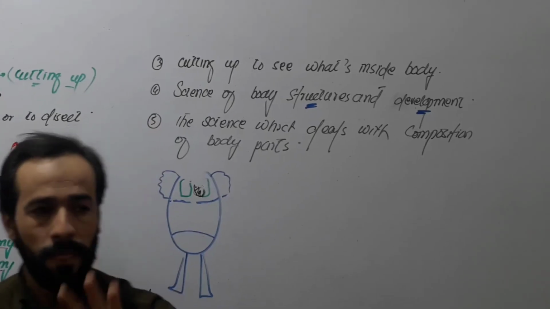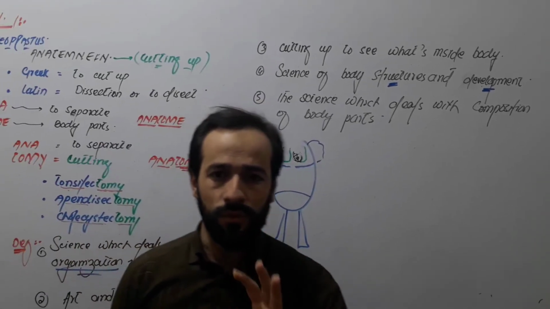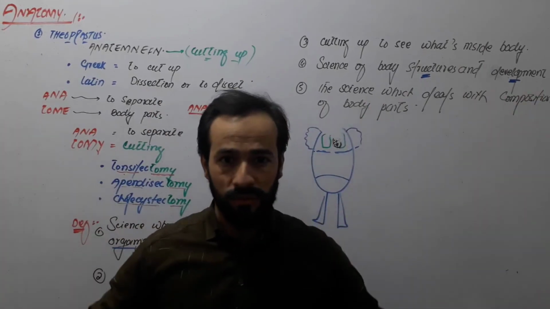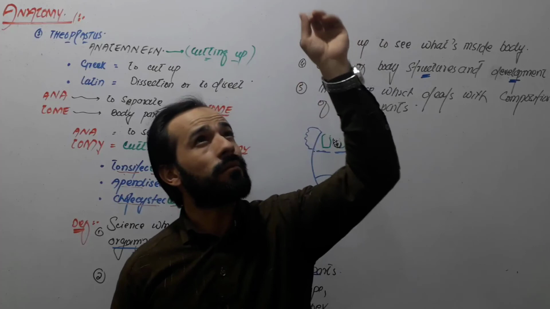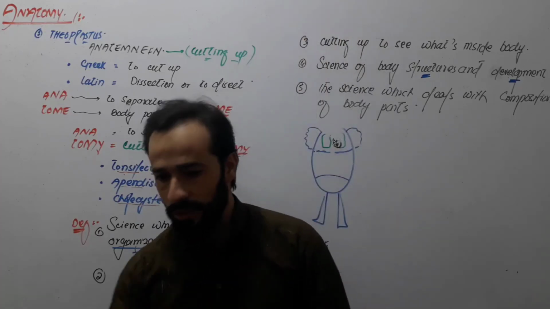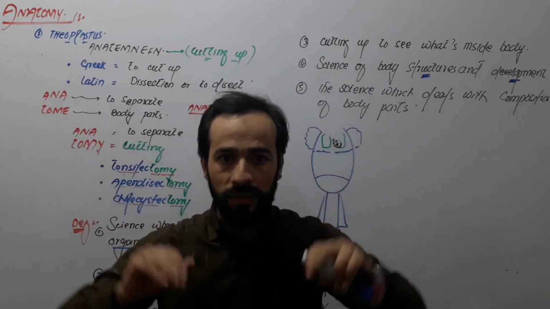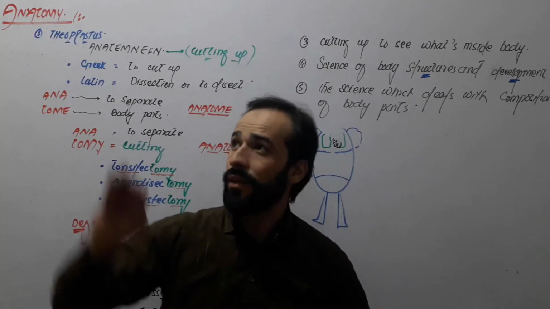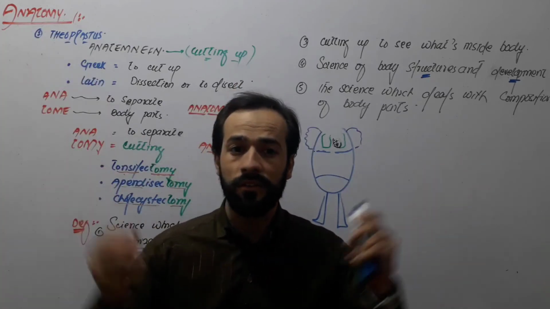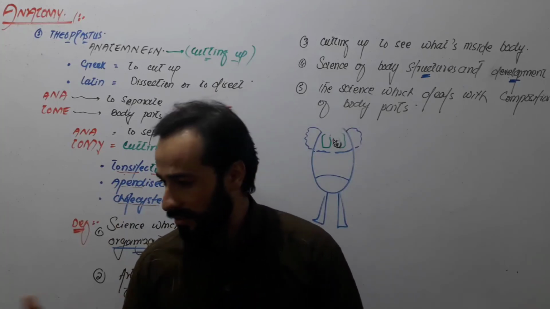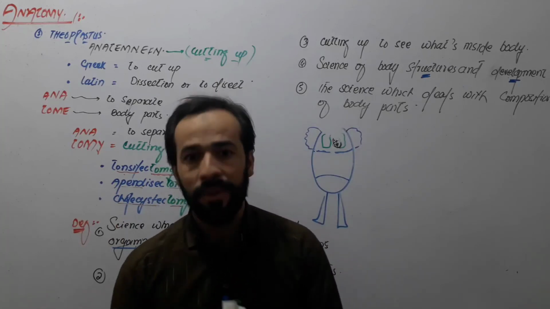Now look carefully. If someone tells you to please do the anatomy of this room, right? So you have to tell what? This room has a ceiling, it has a floor, it has 4 walls, it has a door, it has a window, right? It has fans, it has lights hanging, right? It has some chairs, it has a carpet.